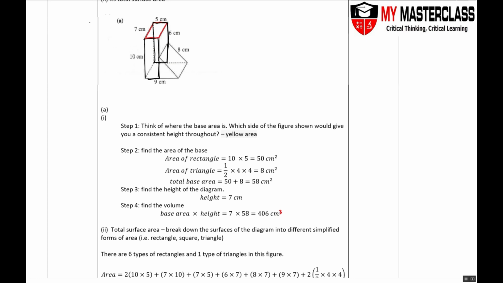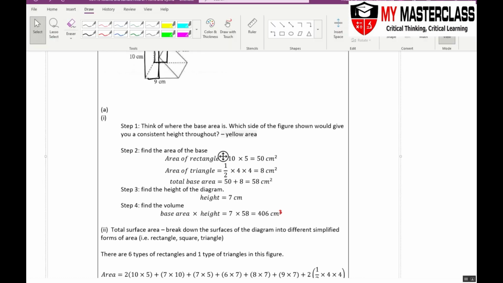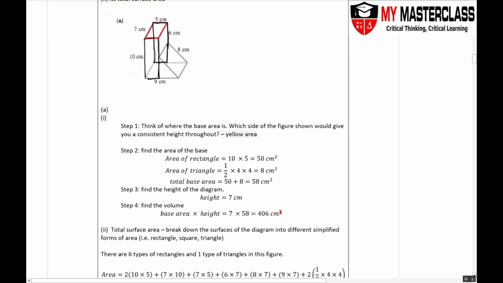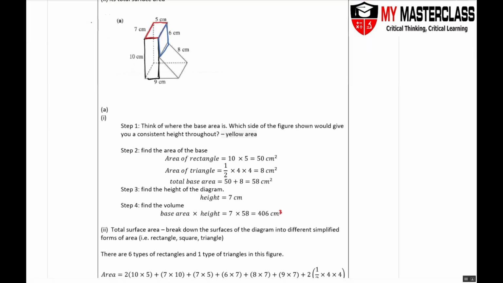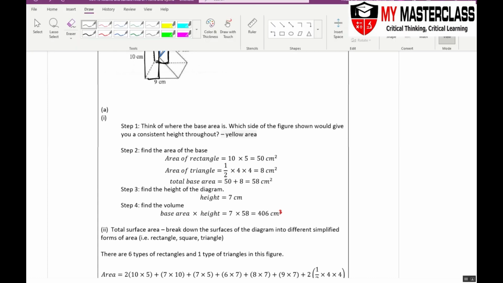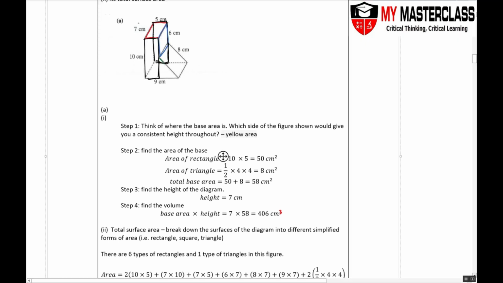My third type, let's do it in blue, is this rectangle here. Let me redraw the one that I highlighted in black just now. So we have 3 so far. Fourth one, this slanted one here.